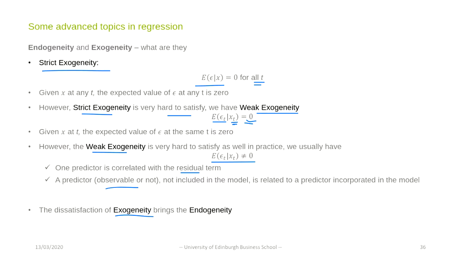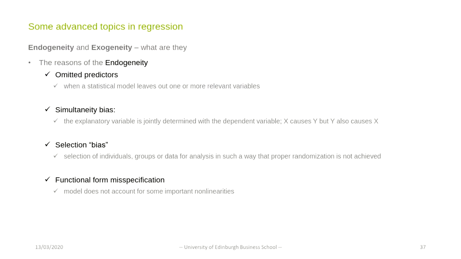So let's take a look at the reasons for endogeneity. Probably we forget one of the independent variables, and probably we have simultaneity bias. This is really hard to pronounce.